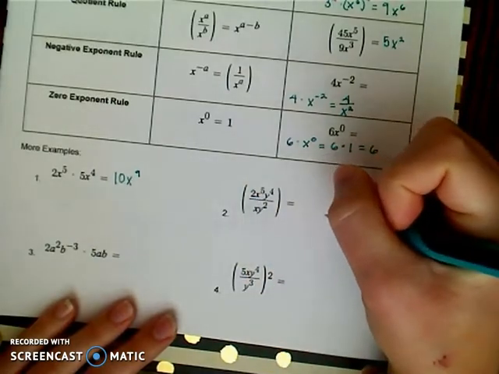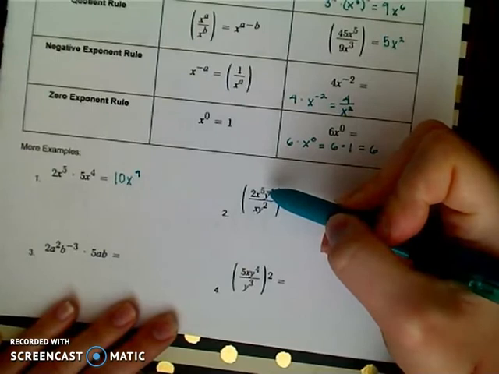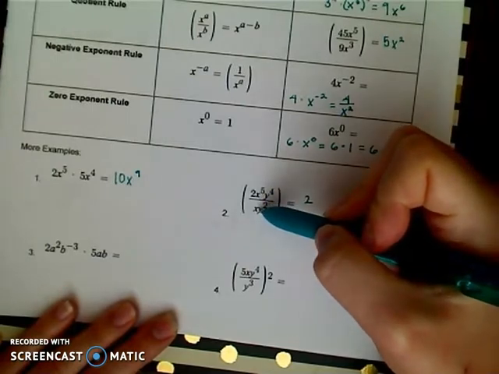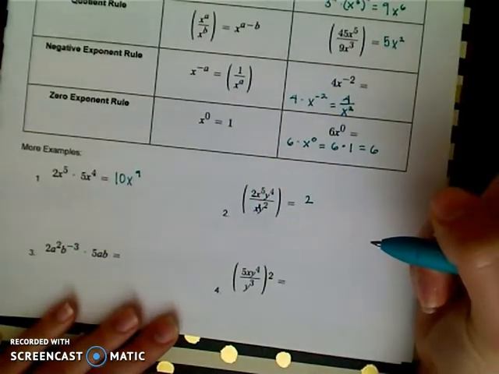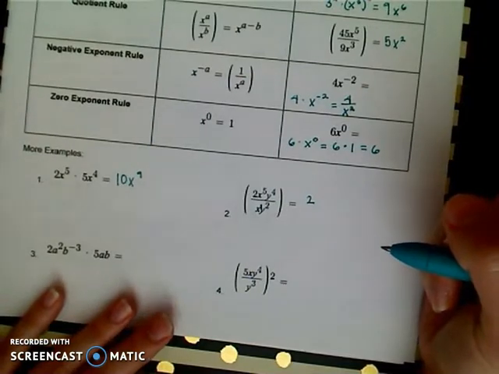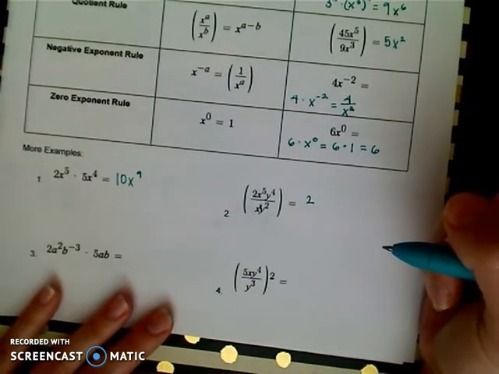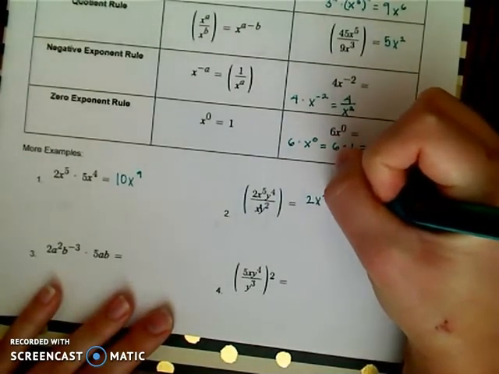Well, the 2 is just going to stay the same. Now I have x to the 5th and x. Well, we know that's an understood exponent of 1. Therefore, I have x to the 5th over x to the 1st, and 5 minus 1 is x to the 4th.